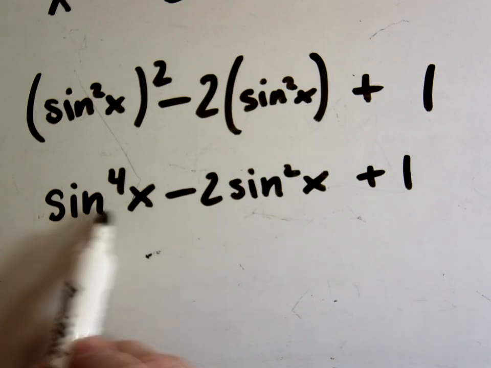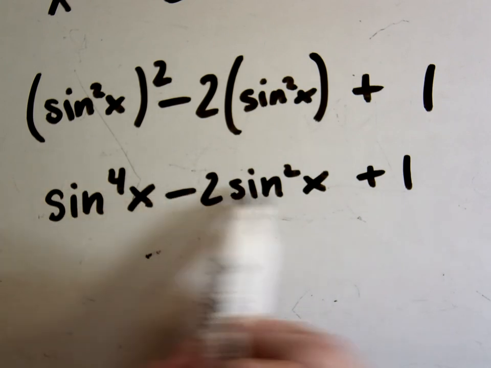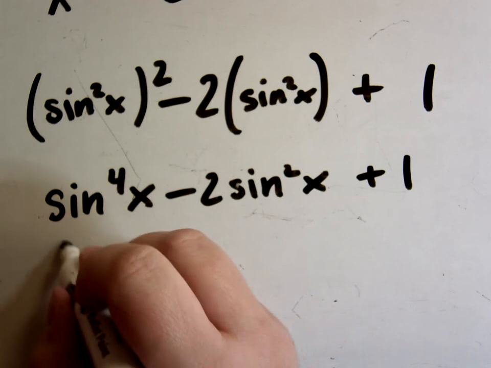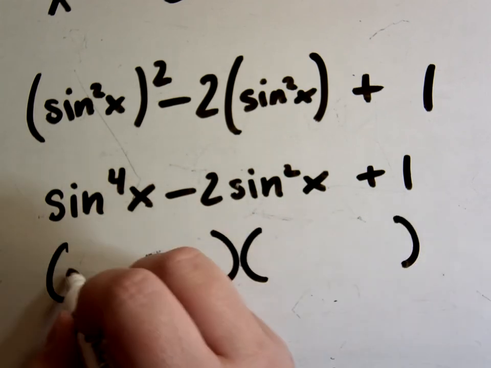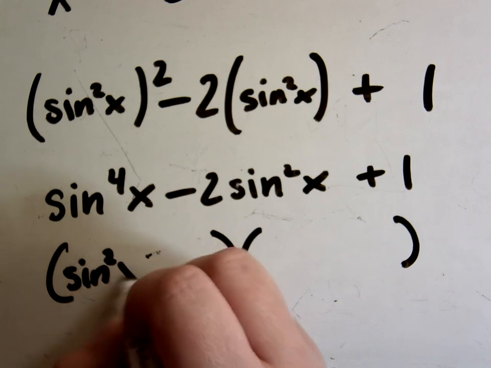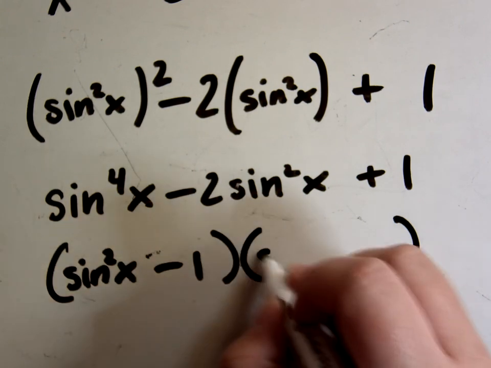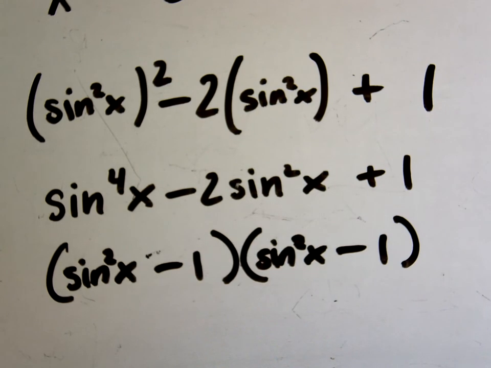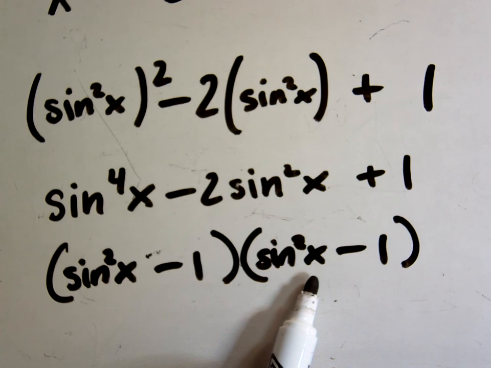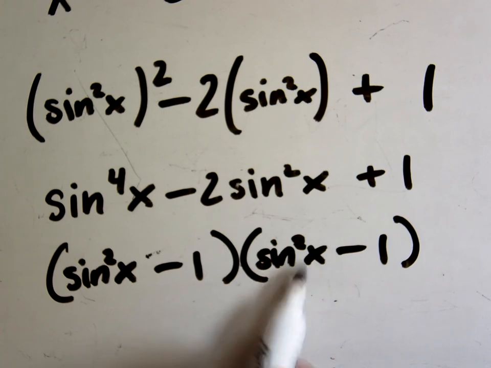And again, it's something squared minus 2 times that something plus 1, and so it factors as the something minus 1 times the something minus 1. So it's sine squared of x minus 1, times sine squared of x minus 1. And I could use my Pythagorean identity, cosine squared plus sine squared equals 1, to simplify this a little.